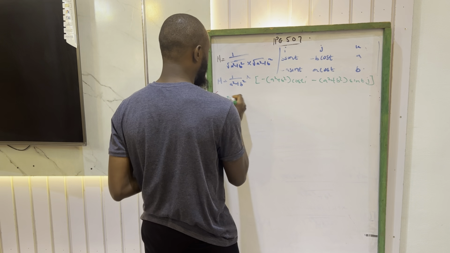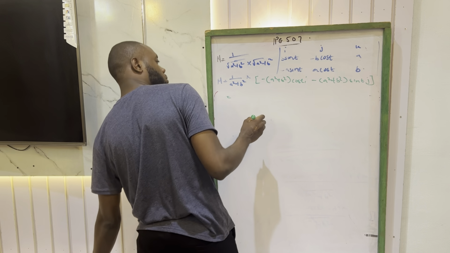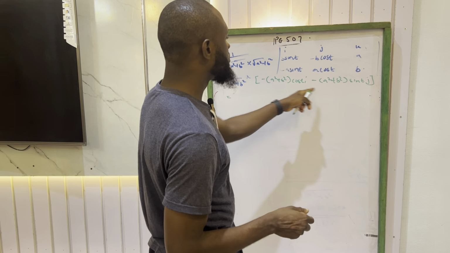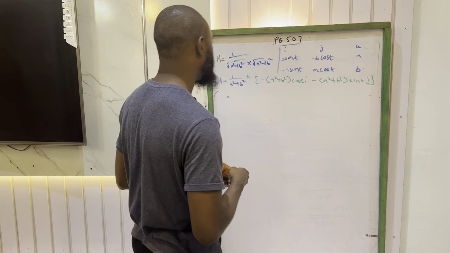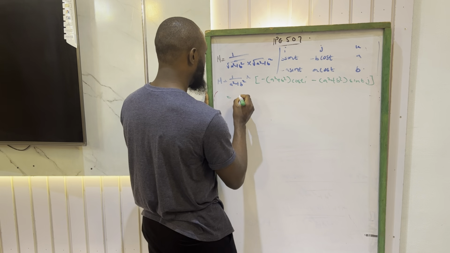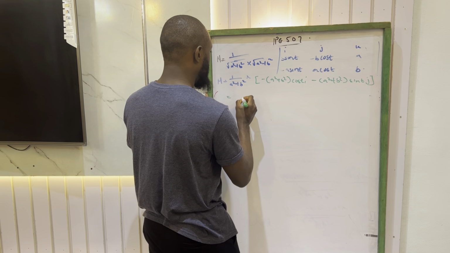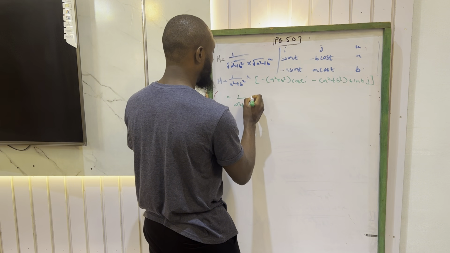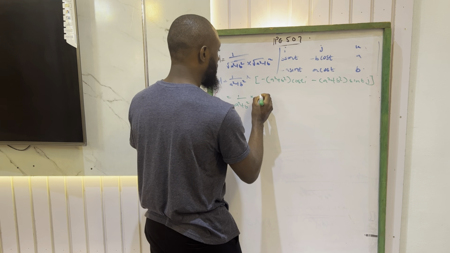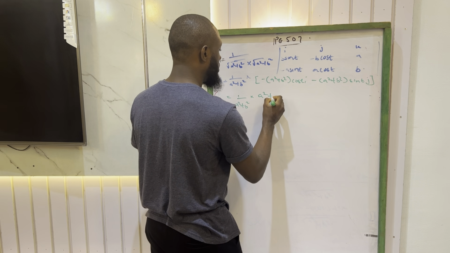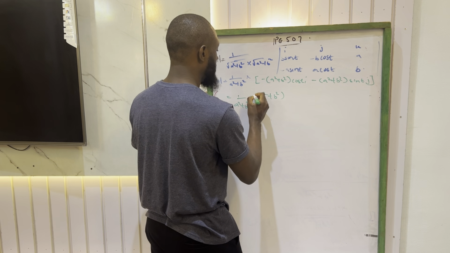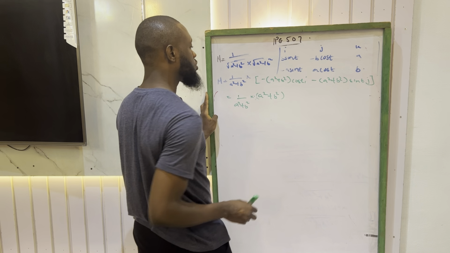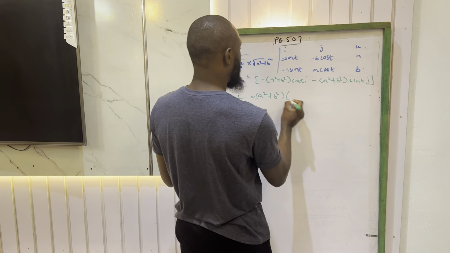So we have a squared plus b squared common to both sides. So we could have 1 over a squared plus b squared times, if we say a squared plus b squared, then we could have what to be left.